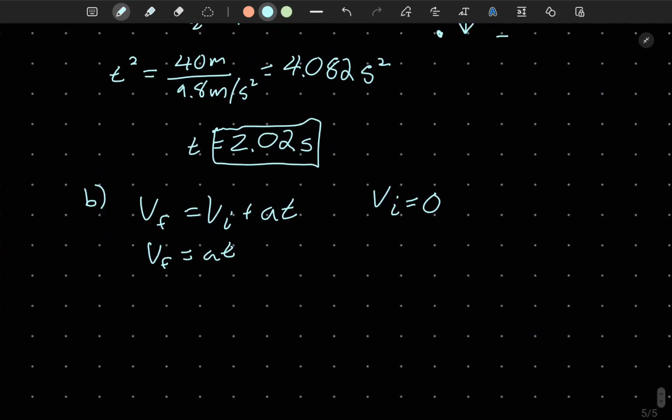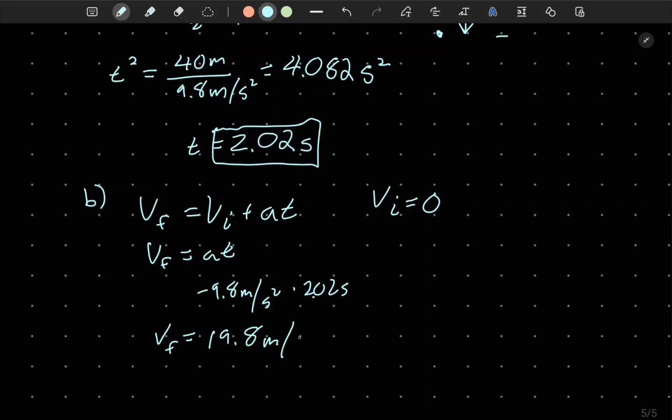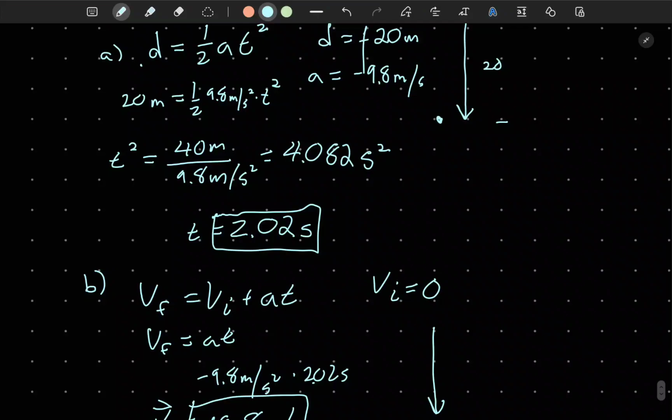So if our acceleration is negative 9.8 meters per second squared times 2.02 seconds, we can find that v final is equal to, putting it in the calculator, 19.8 meters per second. Oh, but I'm missing something: a negative, because remember, we are falling downwards, and velocity is a vector with direction. So never forget that negative sign.